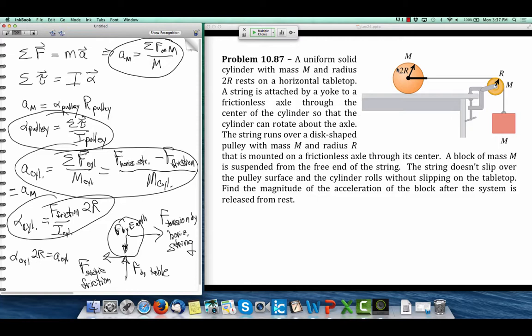So every time this thing moves a distance delta x, this one moves a distance delta x. The motion of this one down and that one to the right match each other exactly. They have exactly the same acceleration not because the masses are the same, but because there's a string that ties them together.